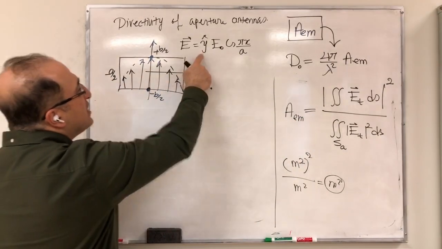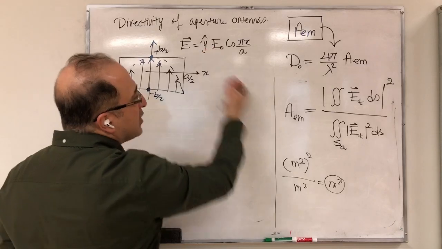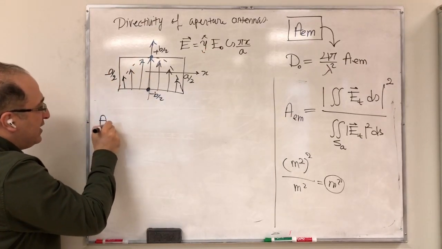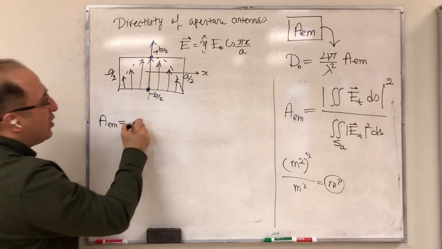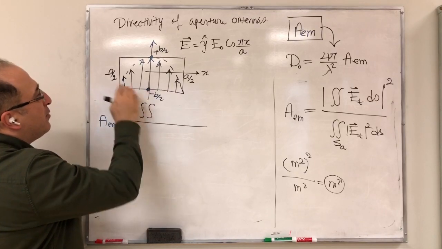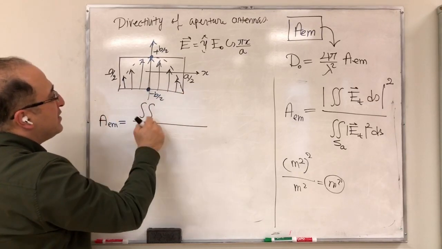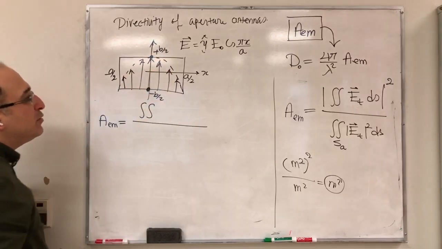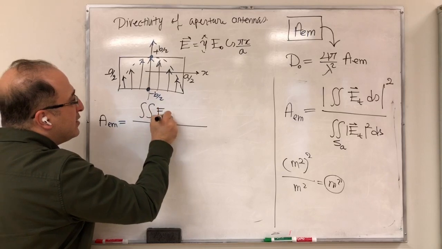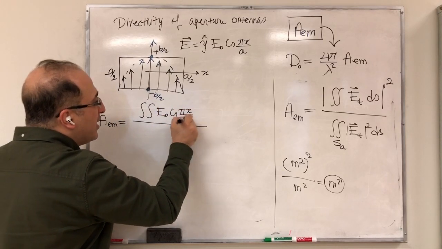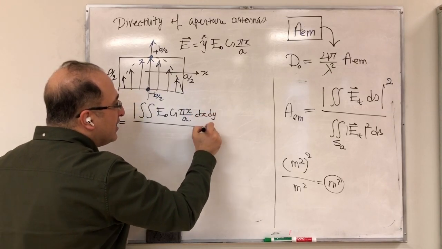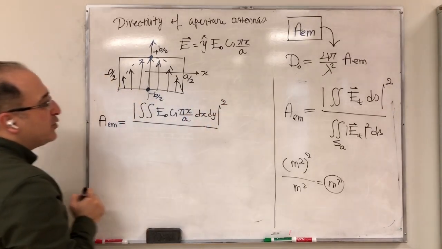Because the direction is y hat and is the same in both cases, I'm not going to consider it in the calculation. So A_em is going to be equal to the integration from minus A divided by 2 to plus A divided by 2, and minus B divided by 2 to plus B divided by 2, of E_T, which is E naught cos(pi x divided by A), dx dy, and this is the whole thing to the power of 2.